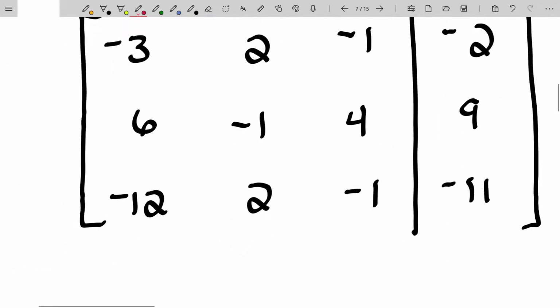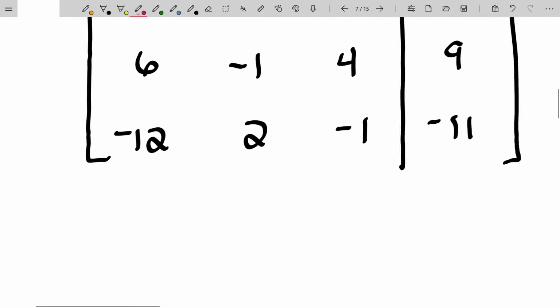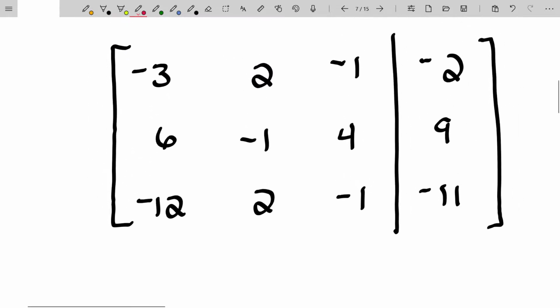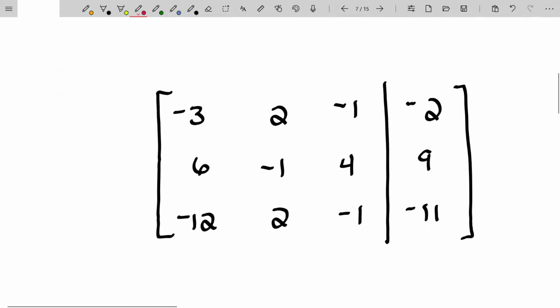So same thing, the bottom row, if you divide it by a negative 12, you'll get fractions everywhere. So because of that, I know that there's no way to really start this problem with forcing a 1 in that initial coefficient there.